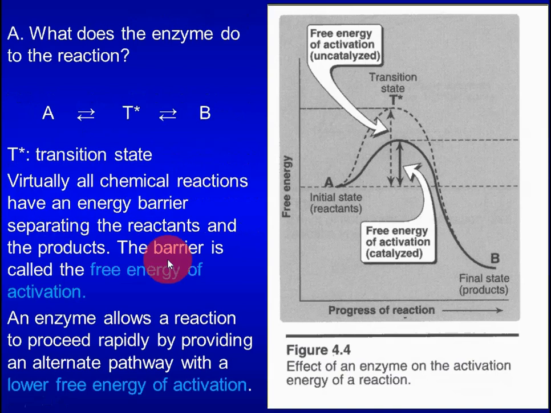As we know from organic chemistry, any chemical reactions undergoes a transition state before the final product is made. From reactant to the transition state, there's an energy barrier called free energy of activation. Enzyme lower the free energy of activation.